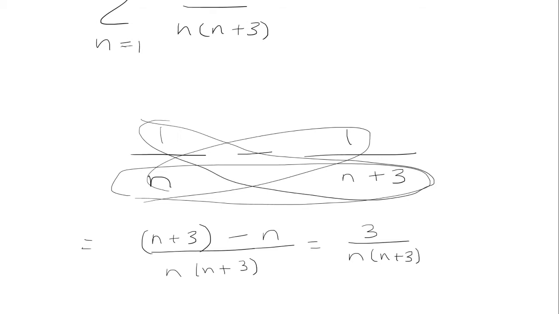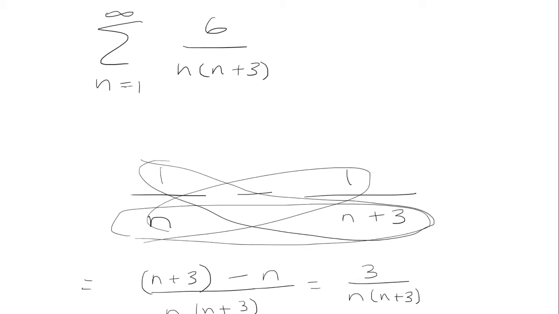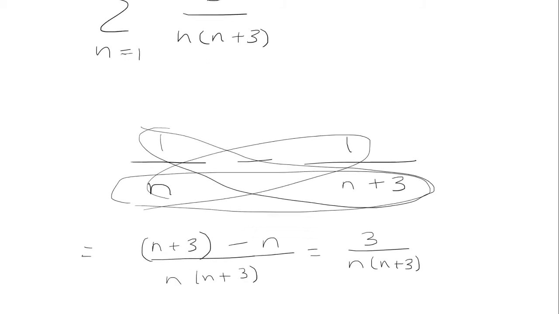But in our problem, we had 6 over n times n plus 3. So how do we handle that? Well, one way to do that is to put a 2 in the numerator. But here's a problem.